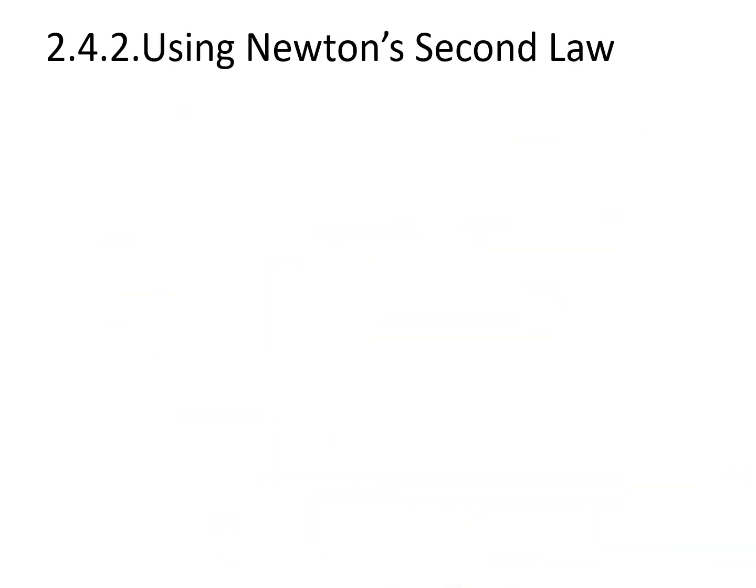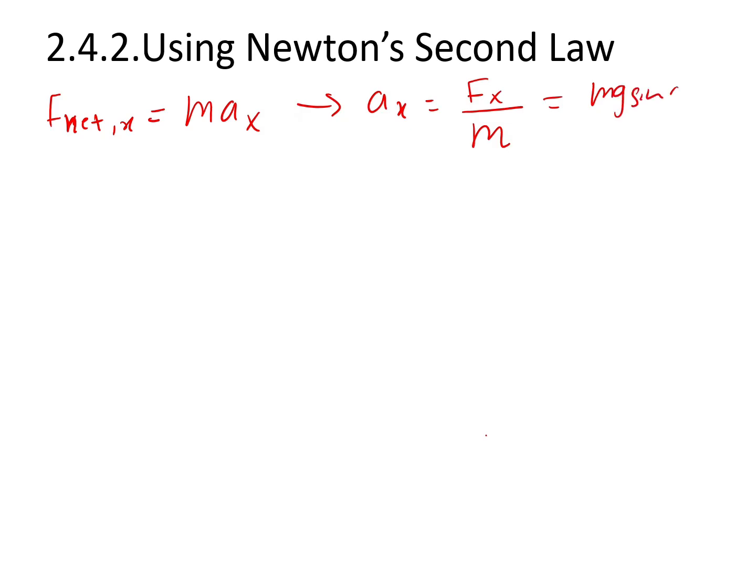Now we can solve the same problem using Newton's second law and kinematic equations, as we did in the previous example. The net force in the x direction equals mass times acceleration in the x direction. So the acceleration in the x direction equals the force in the x direction divided by the mass, which is mg sine theta minus the friction divided by the mass.